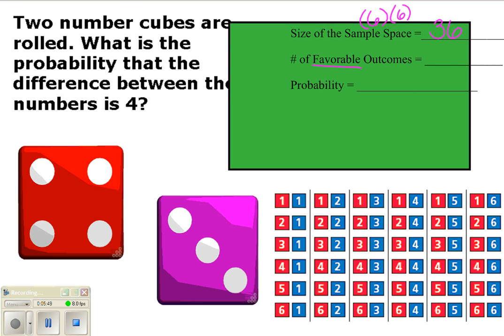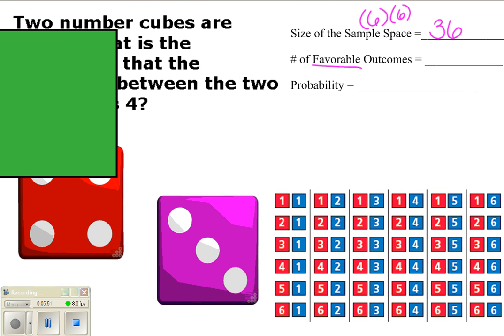If I just reveal that chart, here are all the possible outcomes for 2 dice being rolled. I could roll a 1-1, a 1-2, a 1-3, and so on. Which ones have a difference of 4? 5 minus 1 would be a difference of 4. 6 and 2 have a difference of 4.